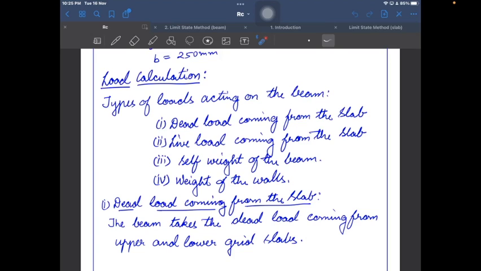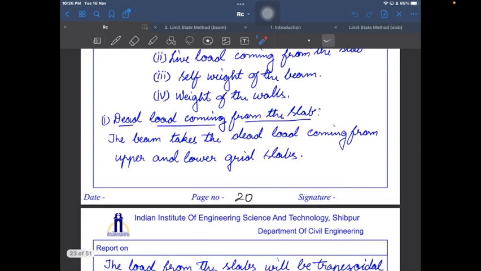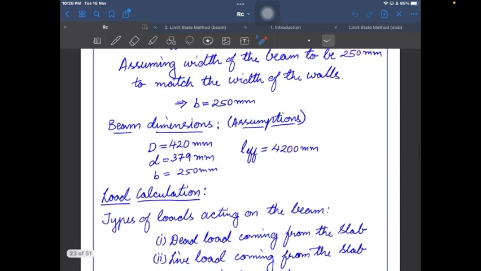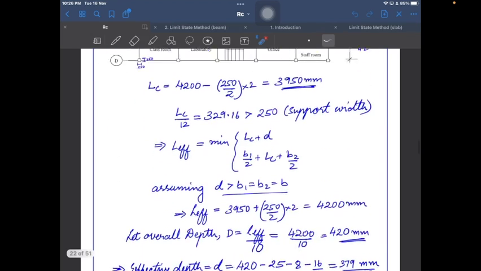So dead load coming from slab. Now the first thing, beams take dead load coming from the slabs. Our beam is this beam. So we have got upper grid of slabs and lower grid of slabs. Upper grid will be giving some dead load, lower grid will be giving some dead load, and it goes on like that.